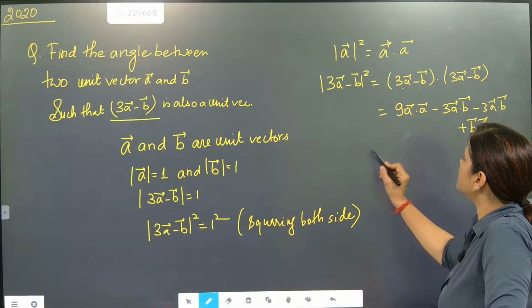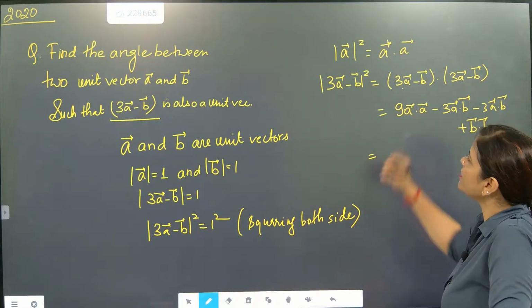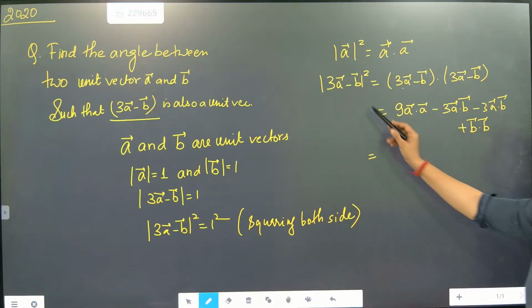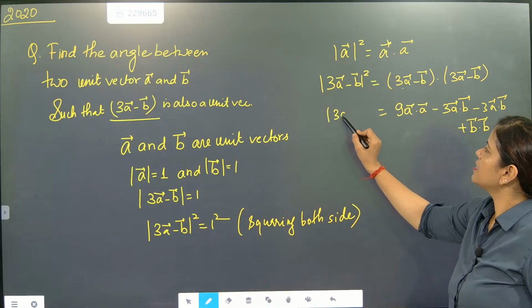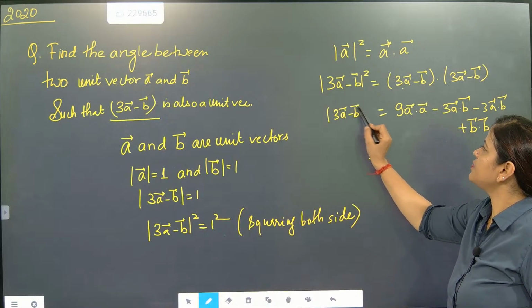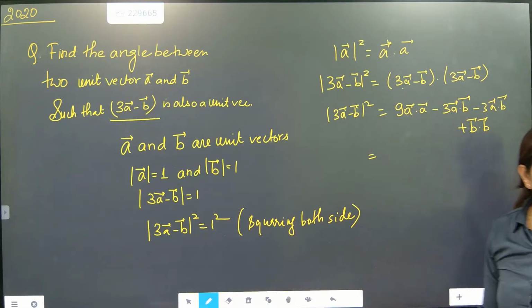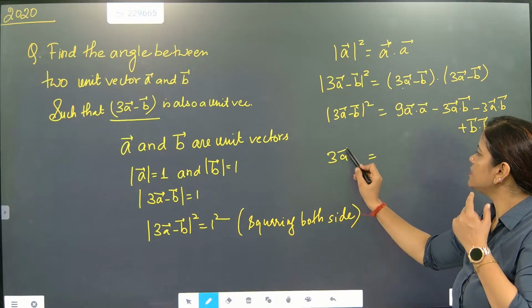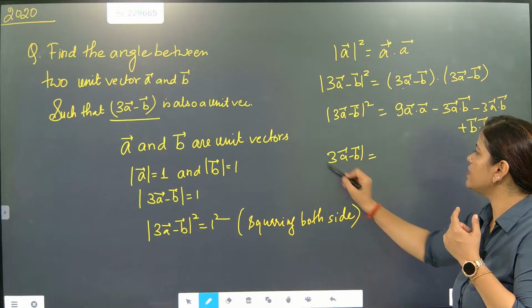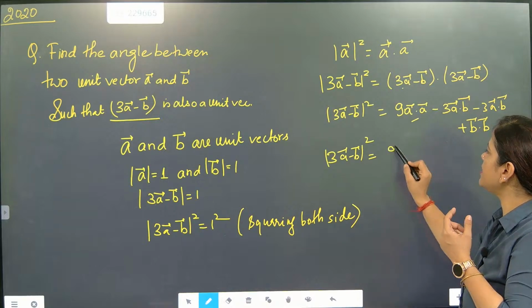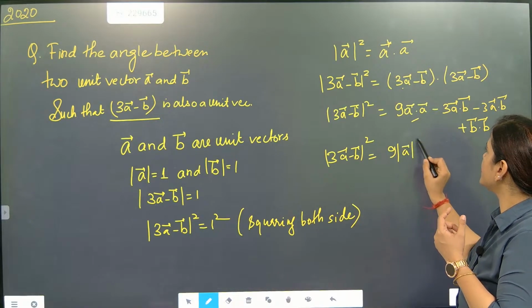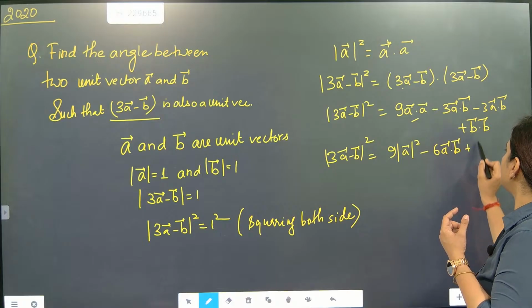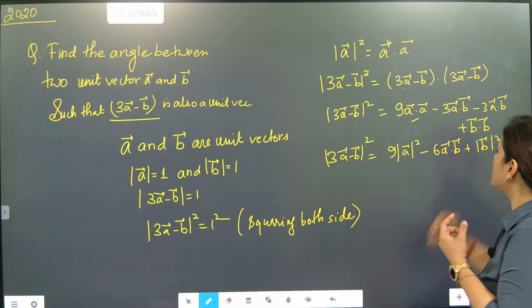Now here only the magic is starting. What will this part become, beta? Tell me. This is 3A vector minus B vector whole square. Again I am writing 3A vector minus B vector whole square. This will become 9 magnitude of A vector whole square minus 6 A vector dot B vector plus magnitude of B vector whole square.